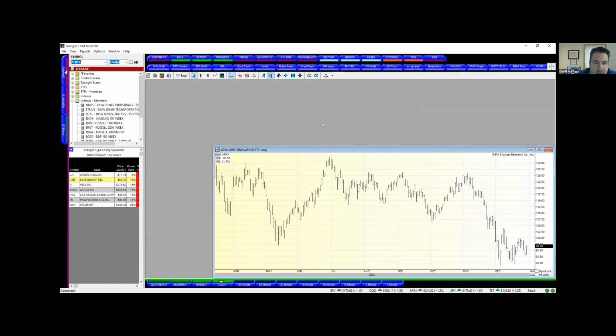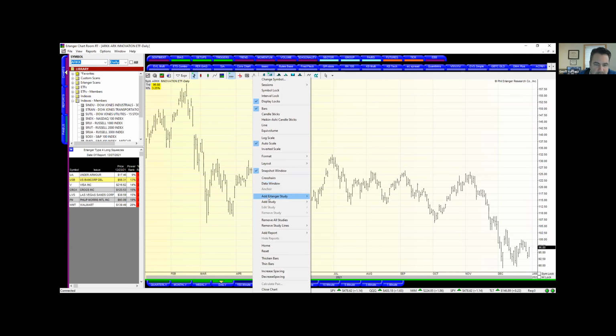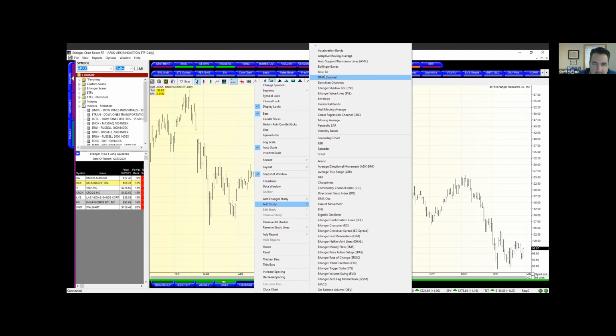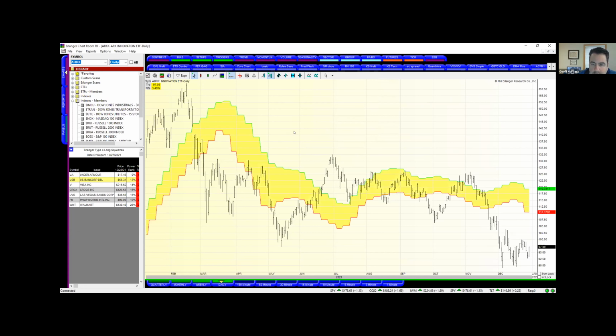This is how we like to look at bias. What I want to do is put a DMA channel in of ARK, and I'm going to do two things. I'm going to do a weekly. So basically, when you're below this band, that's a negative. So it's done a good job of getting you on the short end, a little bit on the long side when it did work.